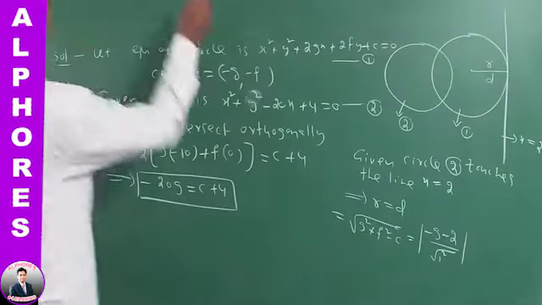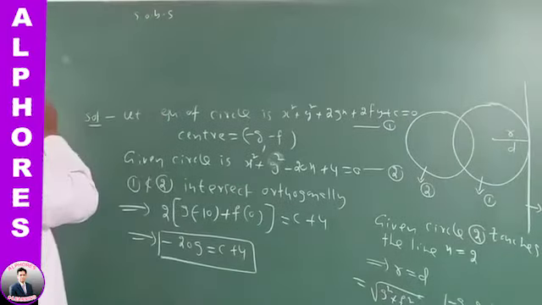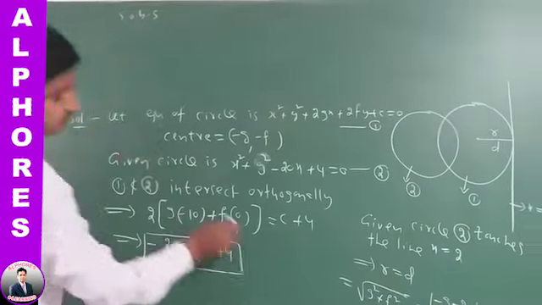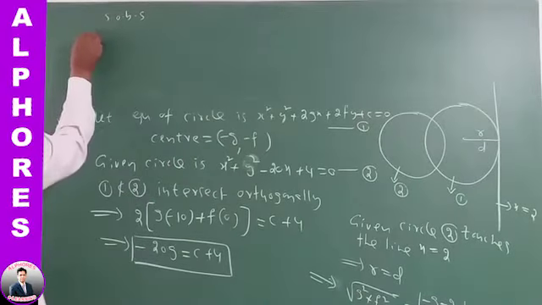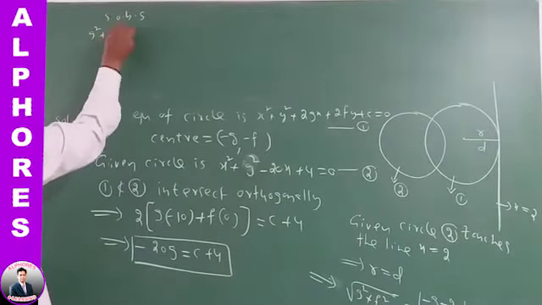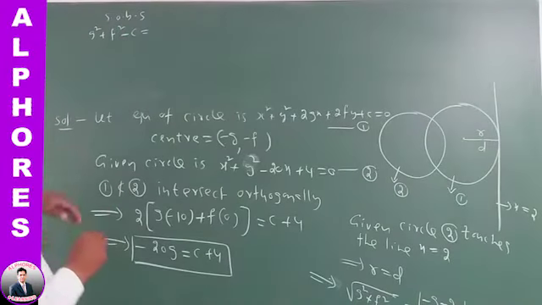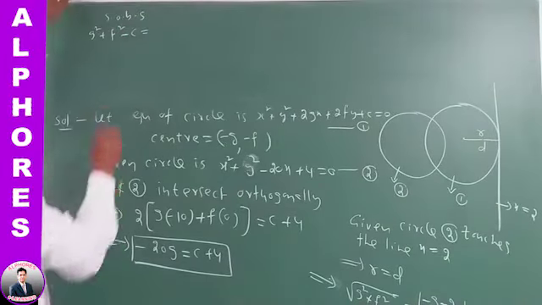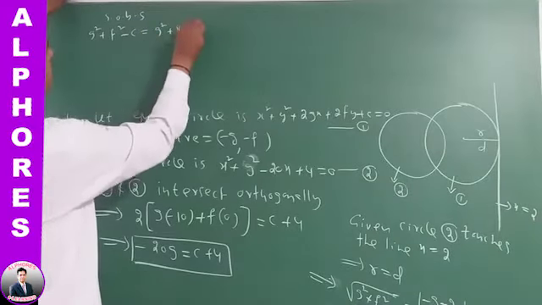Now squaring on both sides, we get g² + f² − c = g² + 4 + 4g.